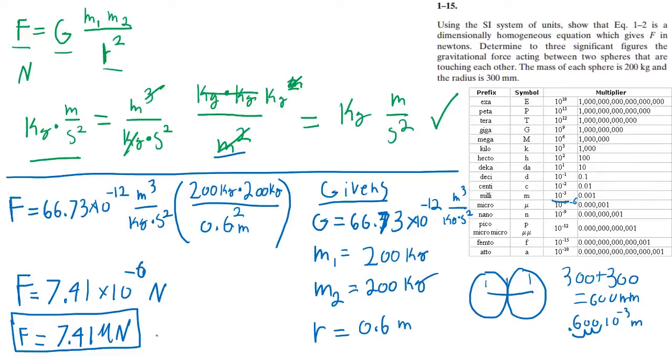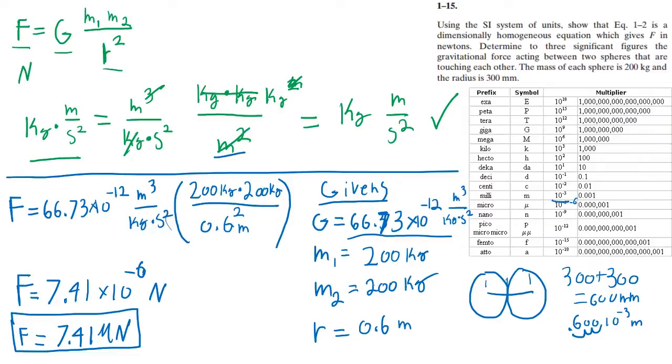So there you go. To recap, we proved that this equals newtons by basically solving for all the units inside of this equation. And then we dissected our givens, not too hard. Most of them were pretty abundant. The G you just had to know, it's a constant.